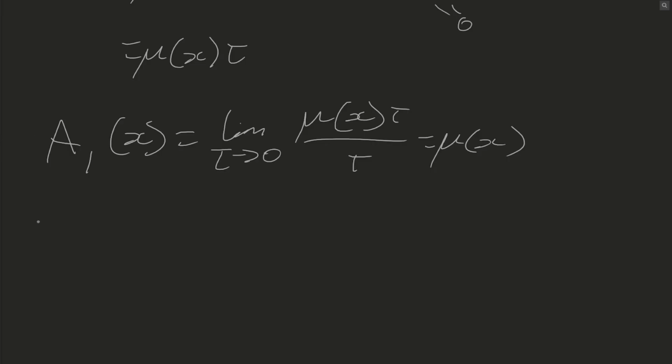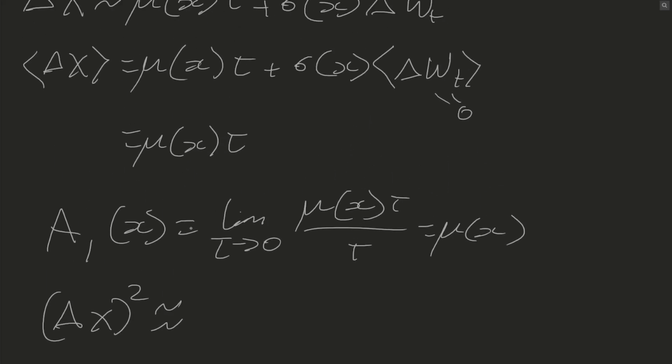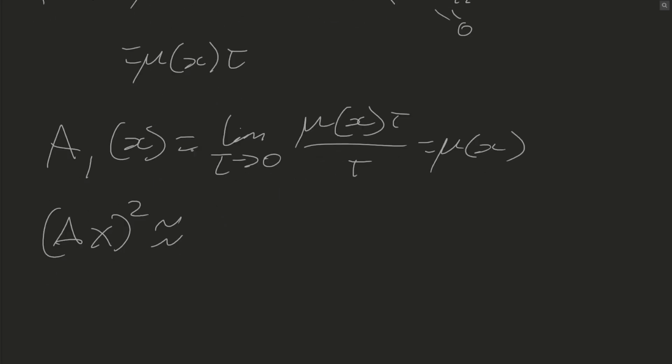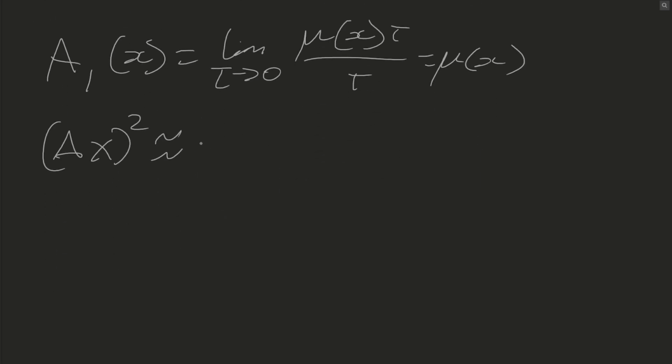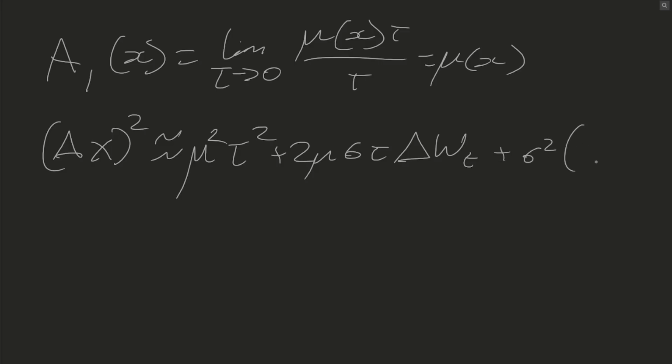where n equals 2. So delta x squared is roughly equal to a very long expression. Basically we square what's there, and that should be mu squared tau squared plus 2 mu sigma tau delta wt plus sigma squared.